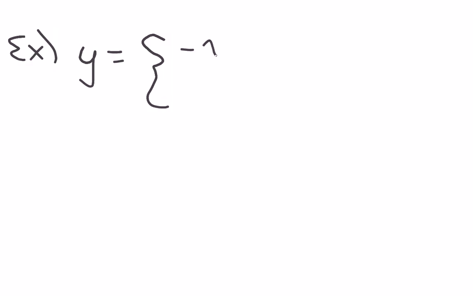The first example is we have y equals, and there's always curly brackets when associated with these. We have negative x, and then we have x plus 6, and they have conditions with them.